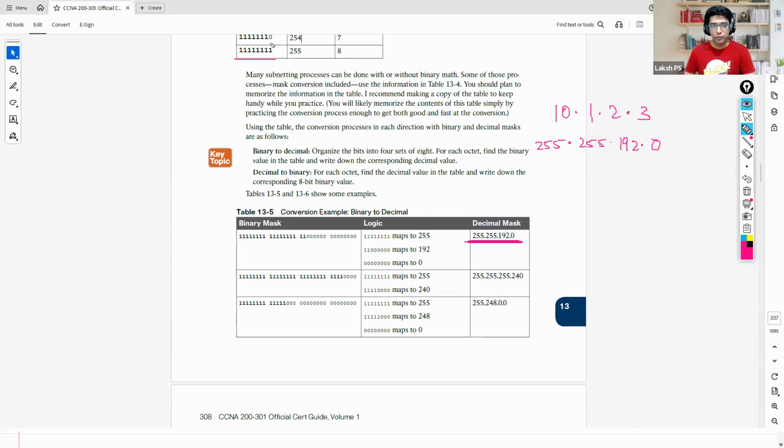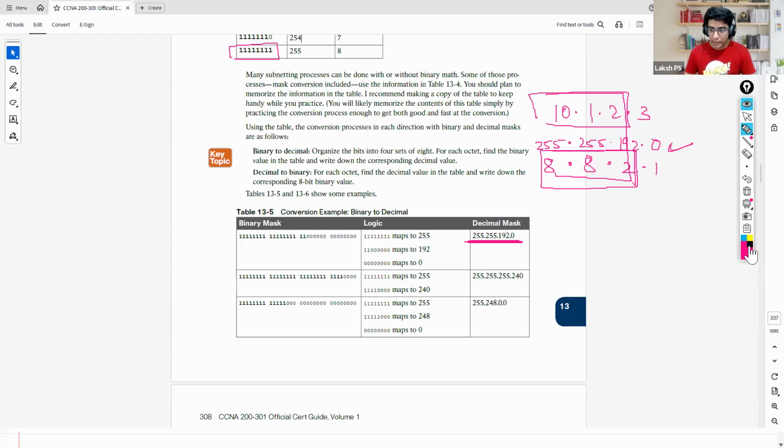We know that in 255 we have 8 ones, here also we have 8 ones, and in 192 we have 2 ones. So a networking device will see how many network parts there are in this particular IP address based on the number of ones in the address mask.